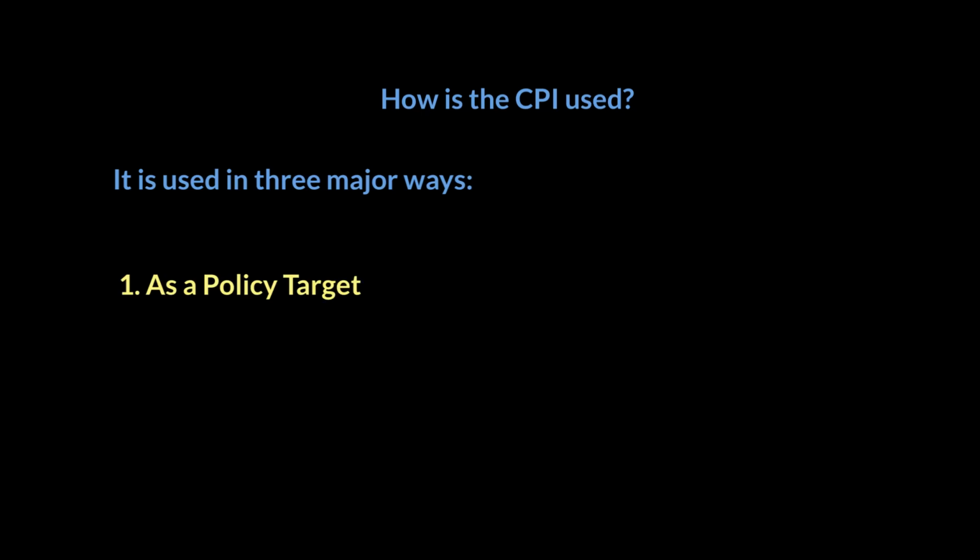Well, price stability, keeping inflation low, is one of the most important macroeconomic goals. You want to keep inflation lower than 5%. The measure which helps us understand what the level of inflation is in an economy is CPI. So it is used to calculate the average rate of inflation.